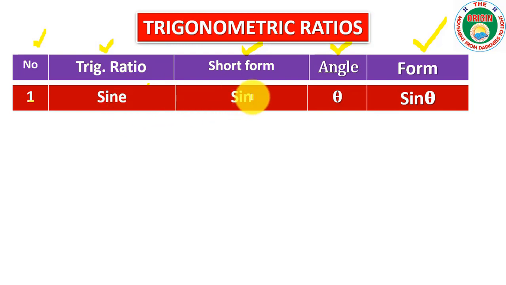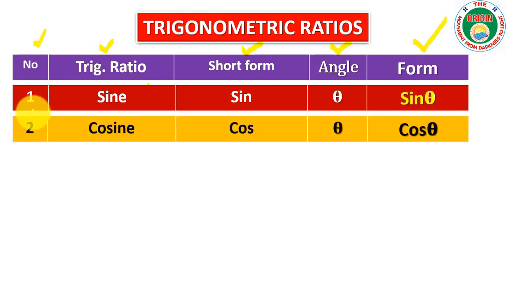Short form you can read as sin. Angle, I have taken as theta. Sine with the angle is sine theta. In sine theta, sine is the trigonometric ratio and theta is the angle. You can combine it as sine theta.